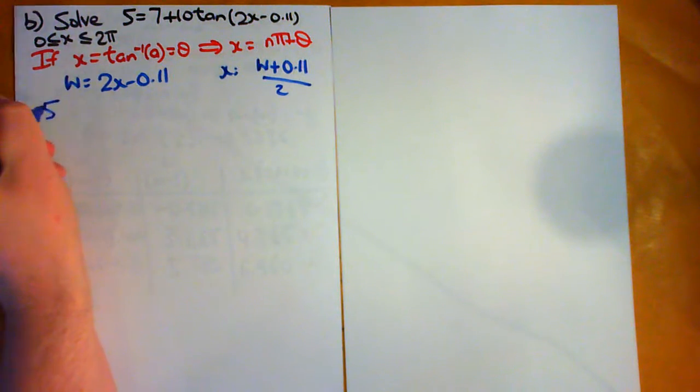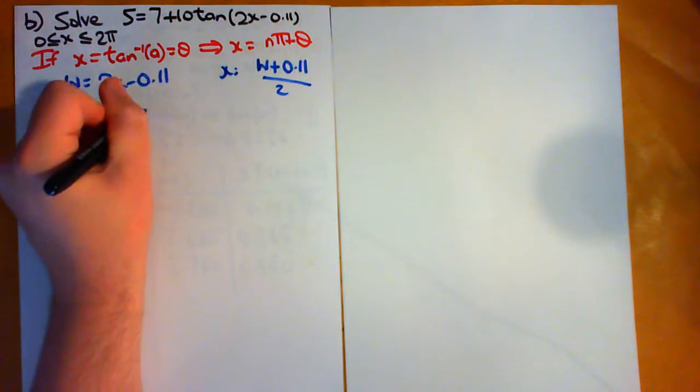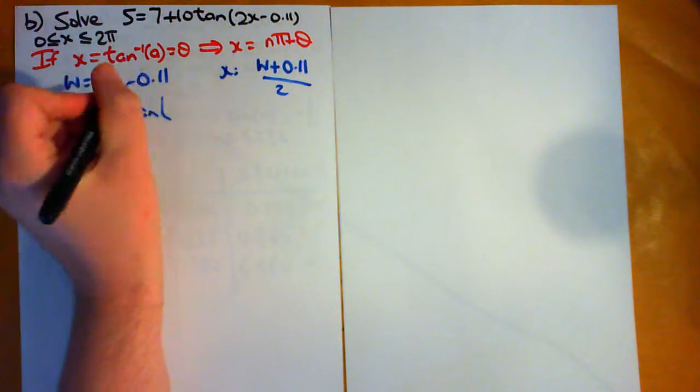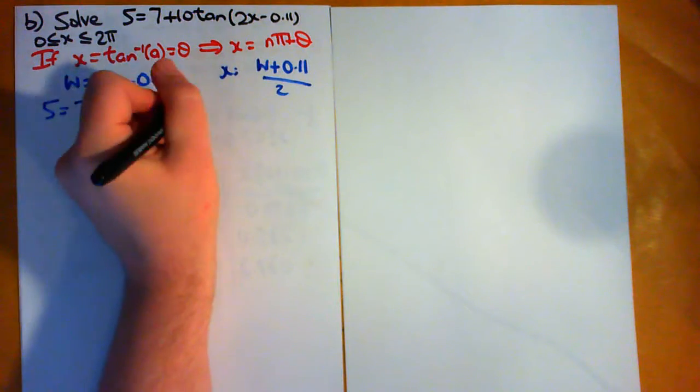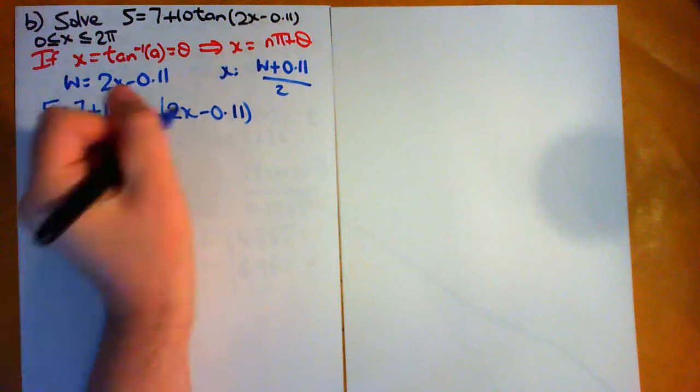So far we have 5 equals 7 plus 10 times tan of 2x minus 0.11, which is your w.